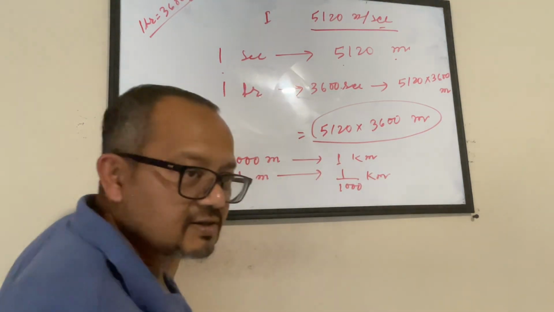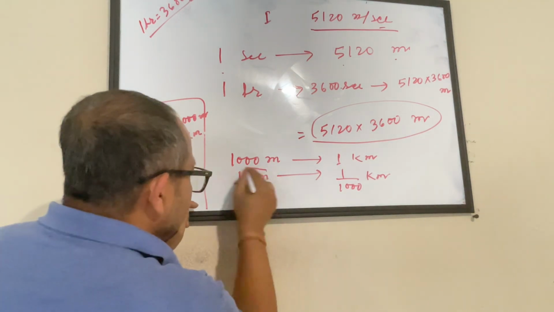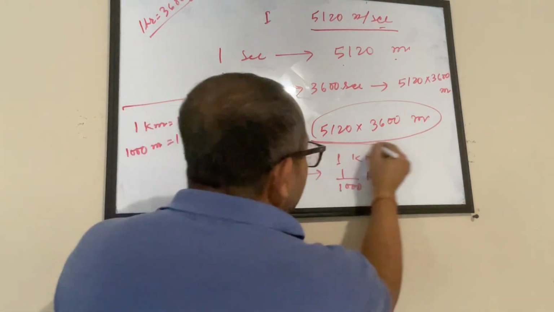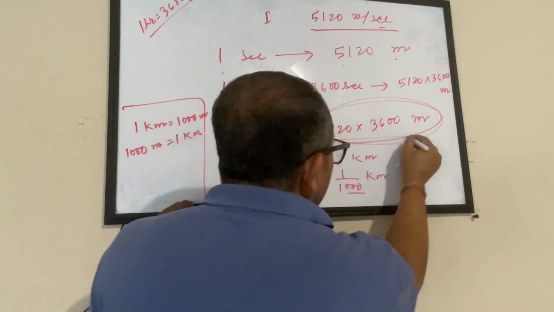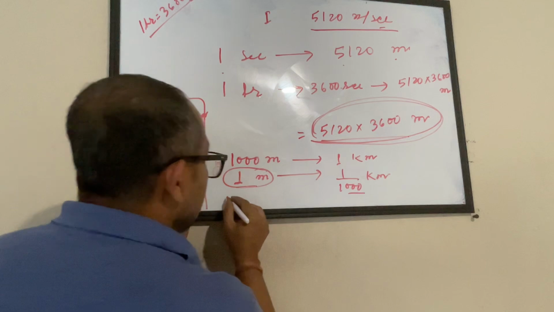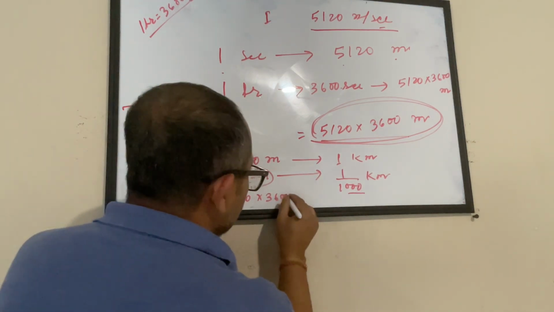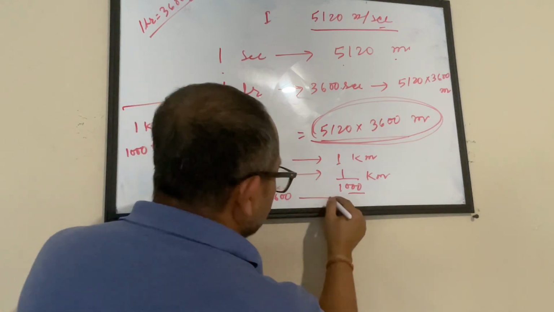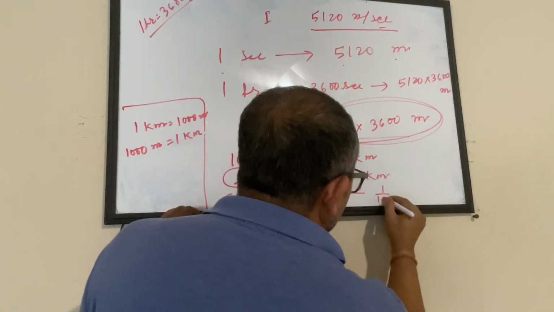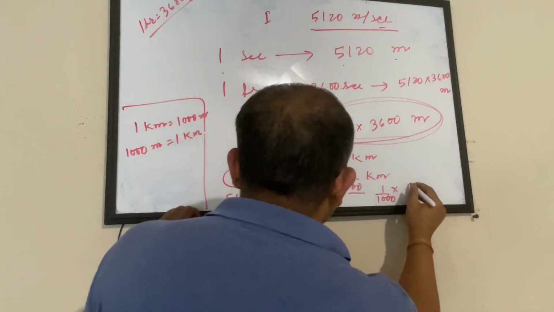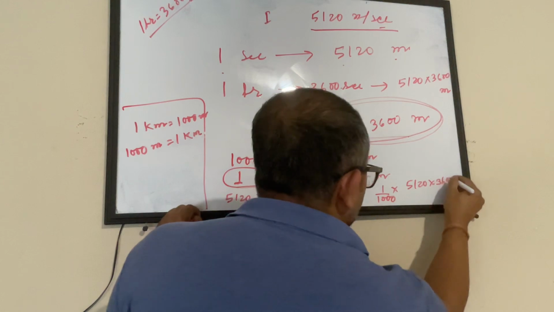Agree? So you find out the value of 1 unit, and you have to find out the value of this many units. 1 unit is this many kilometers. This many units will be how many kilometers? So 5120. I'm not changing anything, just to avoid doing much calculation. This many meters equal to 1 by 1000 into 5120 into 3600.